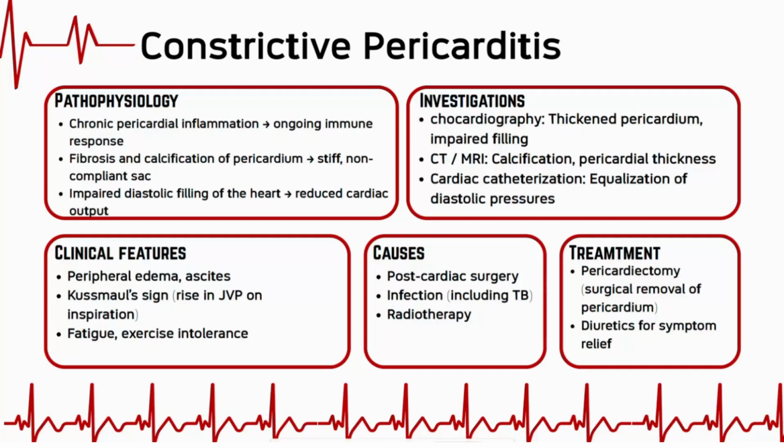But mainly what we can do is give diuretics. Diuretics make sure that these patients are able to remove the excess fluid from these spaces, from the pericardium, etc. And this is the best way to really manage chronic pericarditis.